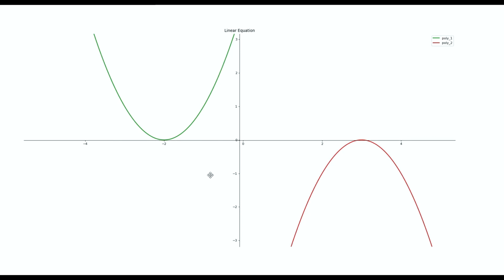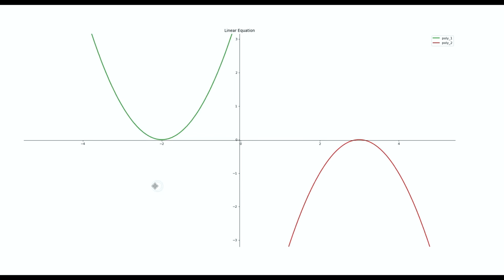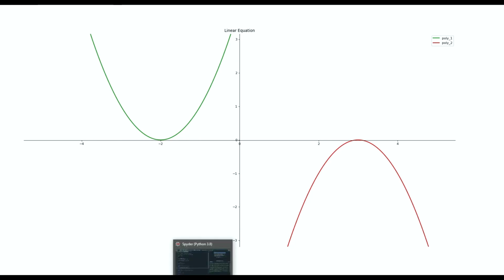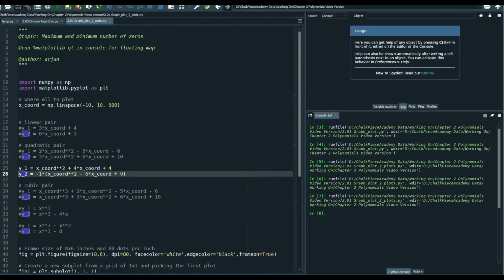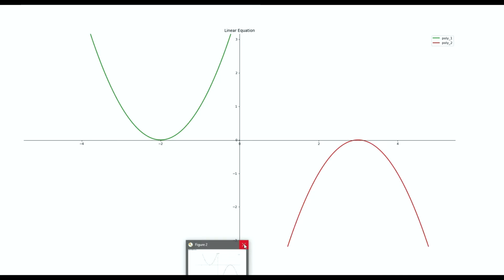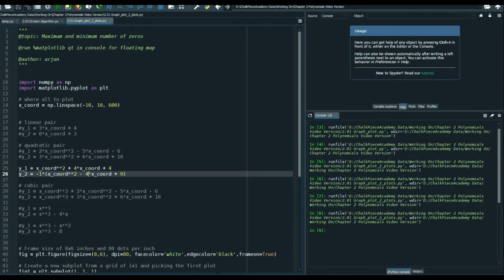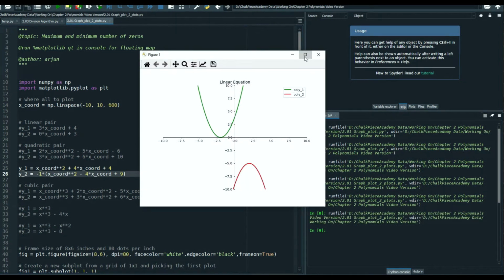It's just touching the x-axis and going. Both of them are just touching. Actually, this is crossing properly, but this is touching and going. So let me make them touch and go. This is what I was looking for.